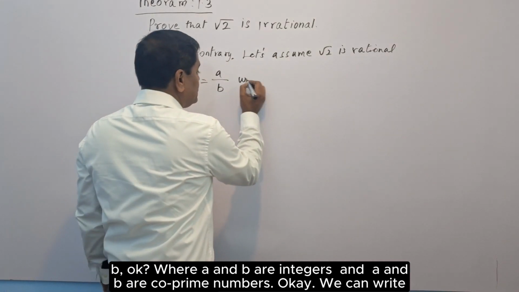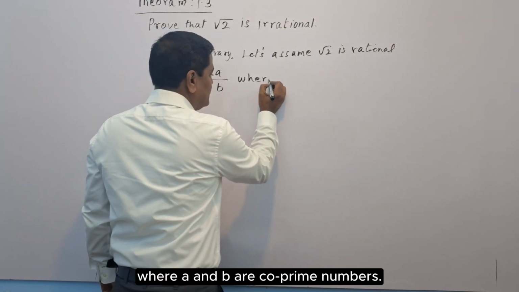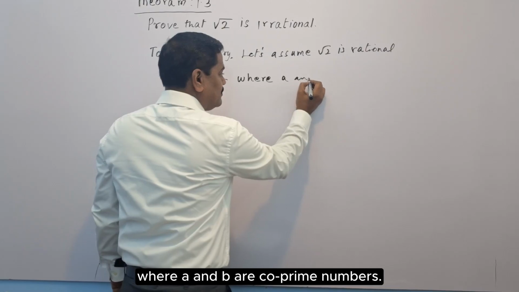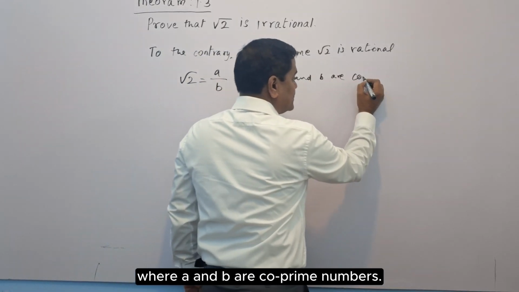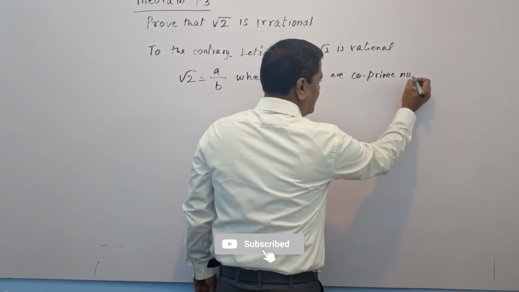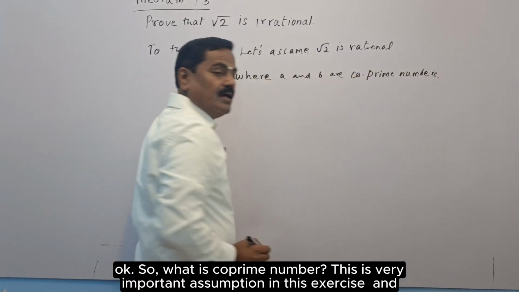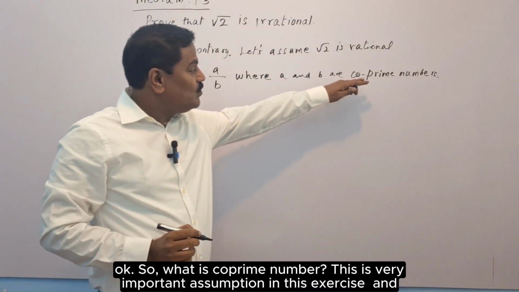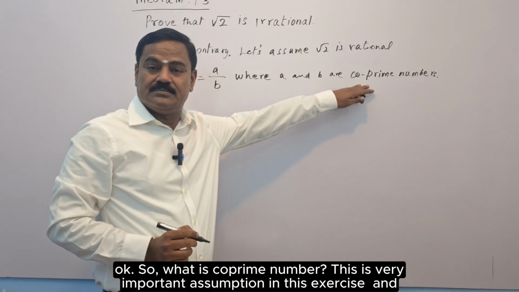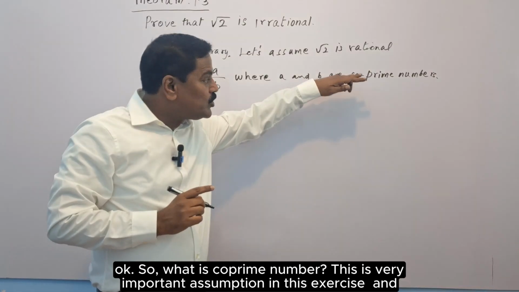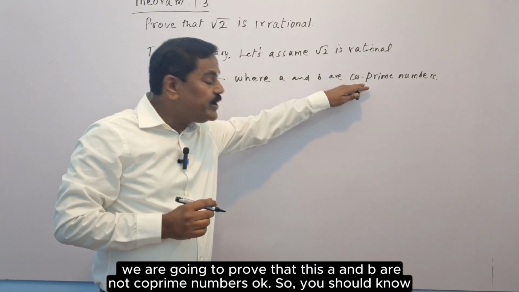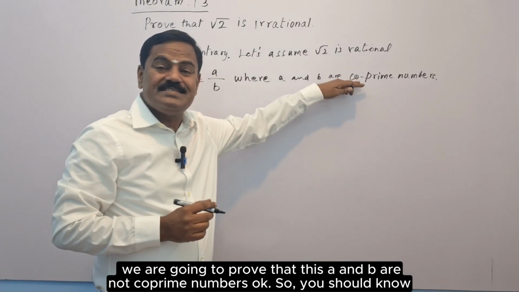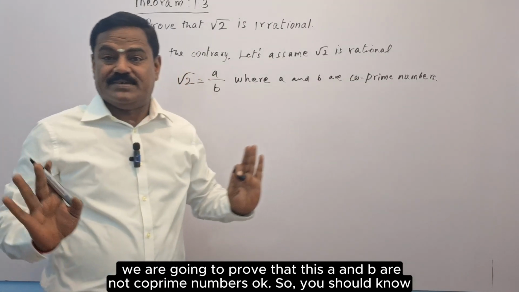We can write where a and b are co-prime numbers. So what is a co-prime number? This is a very important assumption in this exercise, and we are going to prove that these a and b are not co-prime numbers.